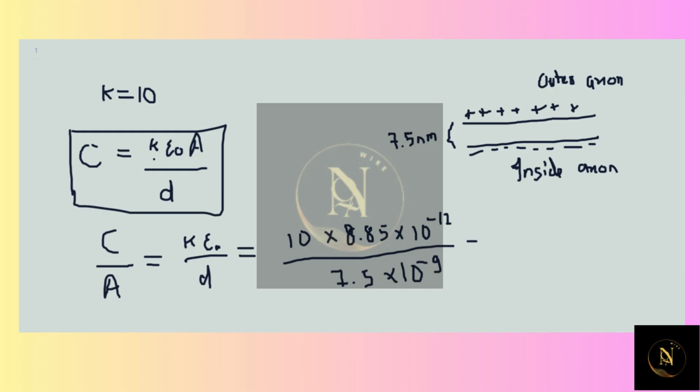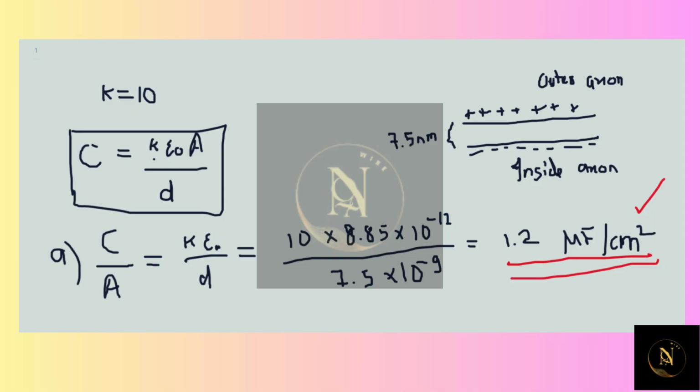If we calculate this value, it comes out to be around 1.2 microfarad per square centimeter. So this is the final value, the capacitance per unit square centimeter of the cell wall. This is the answer for part A of the problem.